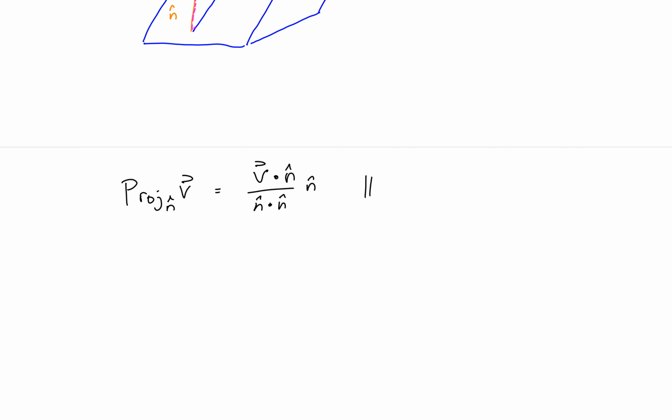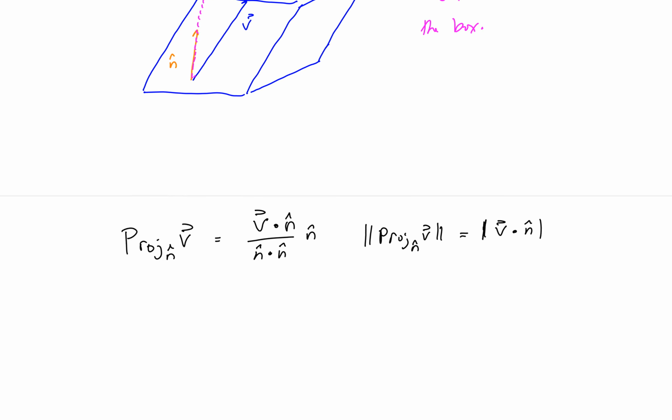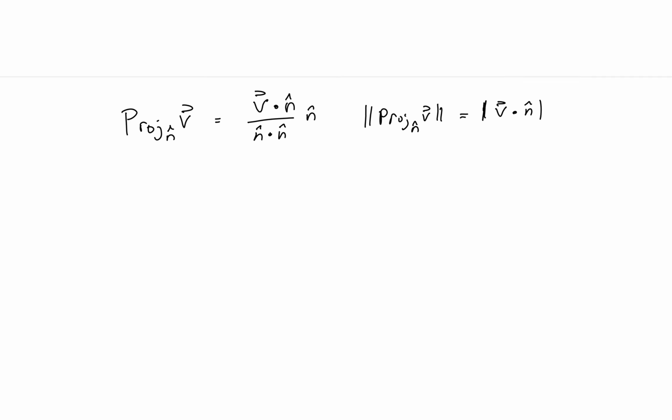If I take the magnitude of this and use that n hat is a unit vector everywhere, this just becomes the absolute value of v dot n hat. So that's the height there. So the volume of the box is the area of the base, A, multiplied by the height.